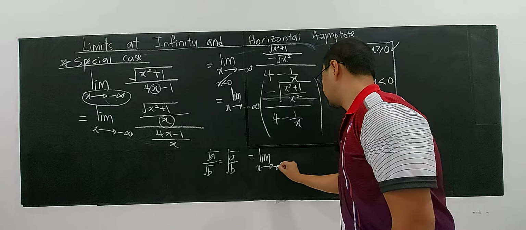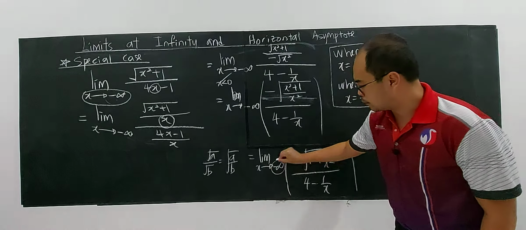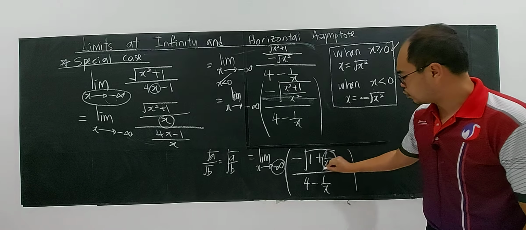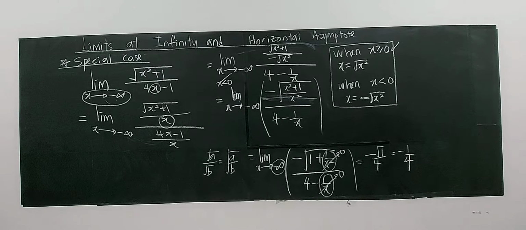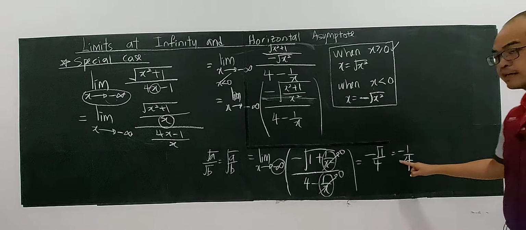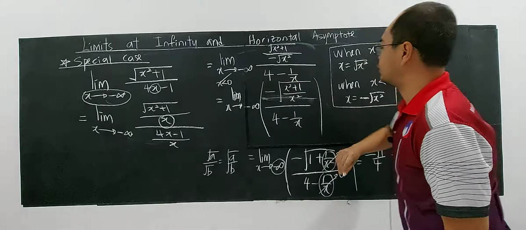Now you have simplified to this form because you want to decide the value. As x approaches negative infinity, this whole term approaches 0, and this also approaches 0. So you get negative square root of 1 over 4, which gives you negative 1 over 2. So you get a negative value when it's negative infinity.